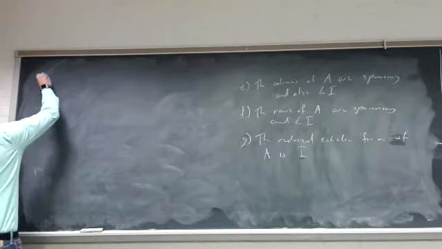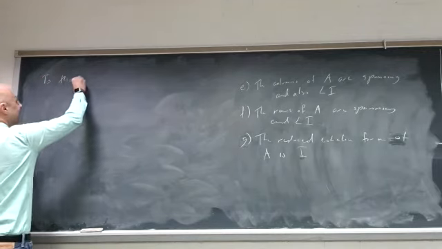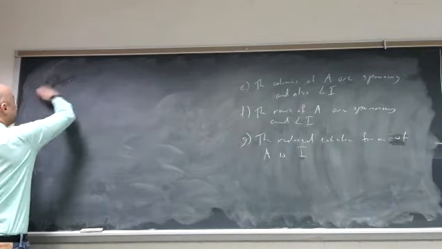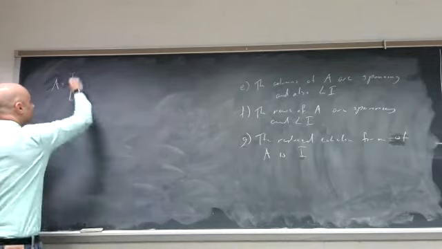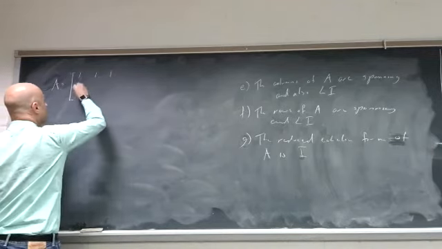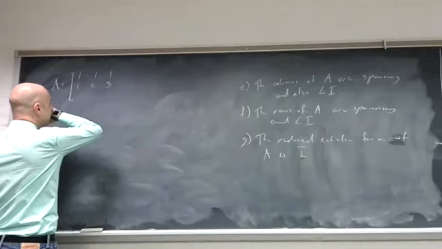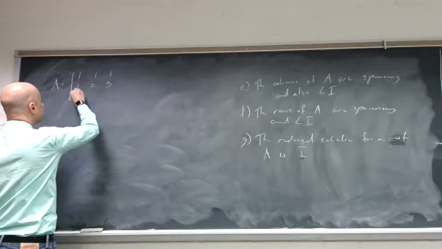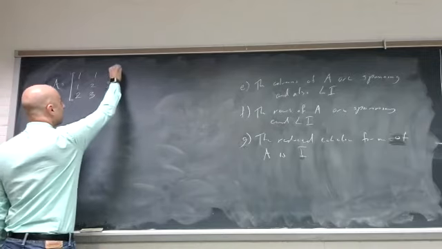So, let A be the matrix with rows 1, 1, 1; 1, 2, 3; 2, 3, 5.